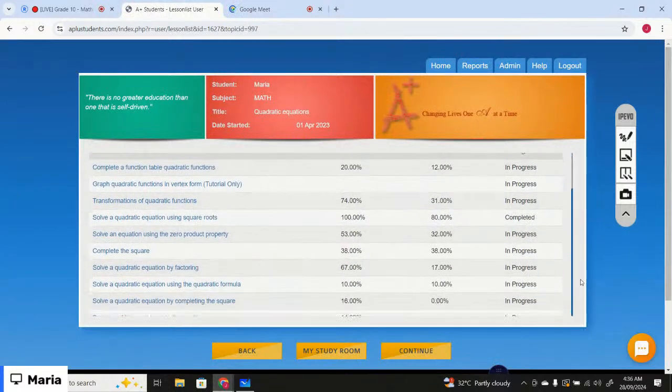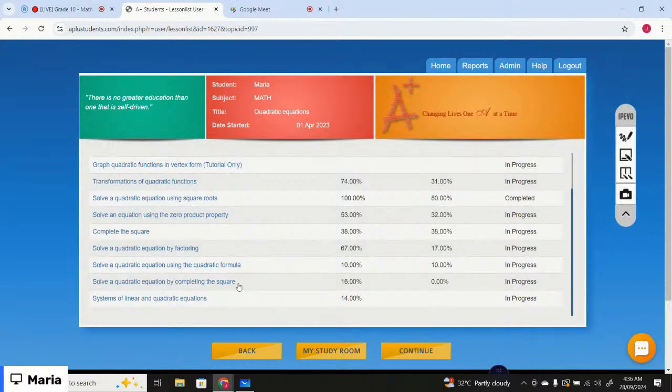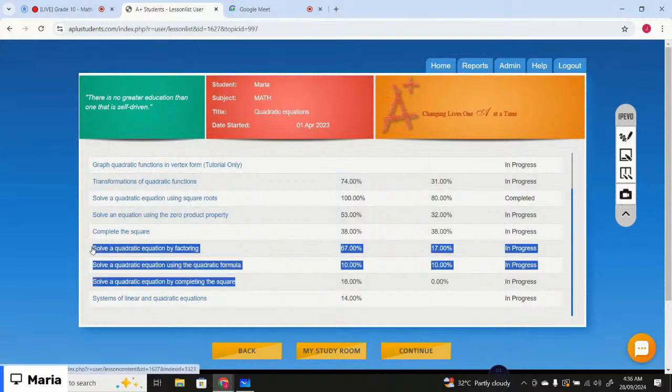The lessons we have covered today are solve a quadratic equation by factoring, solve a quadratic equation by using the quadratic formula, and the one I've just finished is solve a quadratic equation by completing the square. So please make sure before the next session you complete all the practice questions for the lessons we just did. That is your homework until the next session, right?